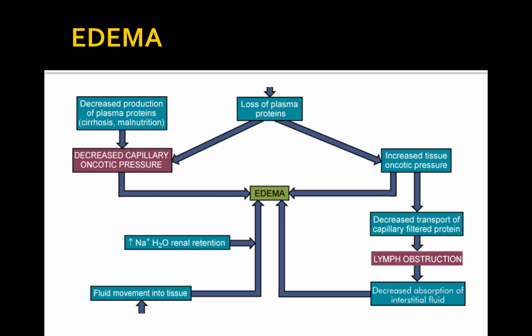If we've got something wrong with the kidney, so it's not getting rid of the fluid, it's retaining it, that can also lead to swelling. So basically, when you're looking at this diagram, we can have loss of plasma proteins at the top, fluid at the bottom, fluid movement into the tissue, and on the other side, decreased absorption of interstitial fluid. With all of these things, depending on if it's in the capillary bed or being pulled into it, we can have swelling.